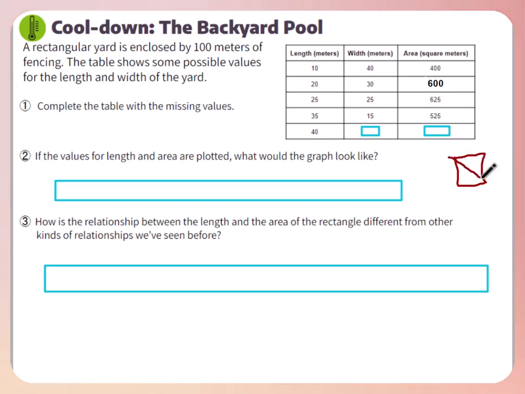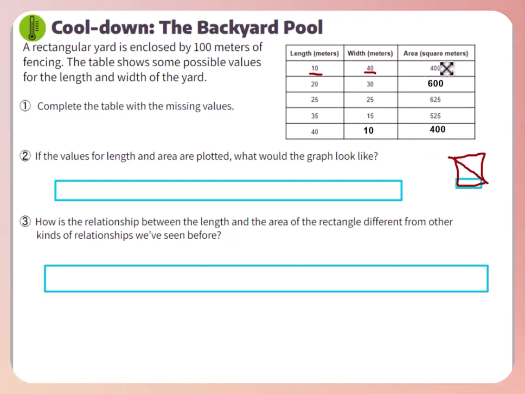So a length plus a width, that's how they're getting these two numbers, two whole numbers that add to 50. 40 plus 10, 20 plus 30, 25 plus 25, those all add to 50. So what do we add to 40 to get 50? We're going to be adding 10. So 40 times 10 is 400 again.